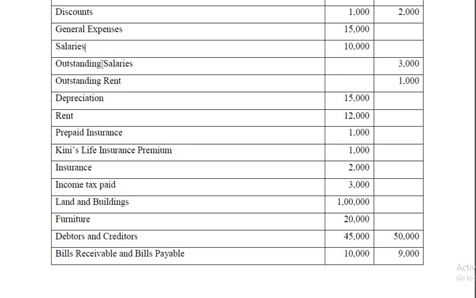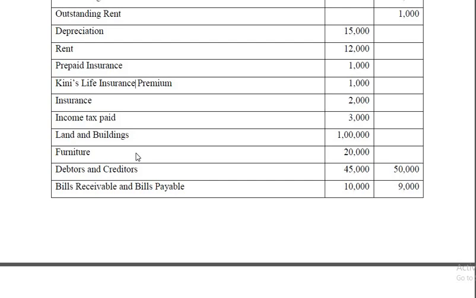Prepaid insurance is a representative personal account. The balance sheet is prepared with the help of real accounts as well as personal accounts. So this is a personal account, therefore it will come to the asset side. Penny's life insurance premium is treated as a private transaction, therefore it is taken as drawings. So his personal expenses are paid from the business and therefore that is taken as drawings.